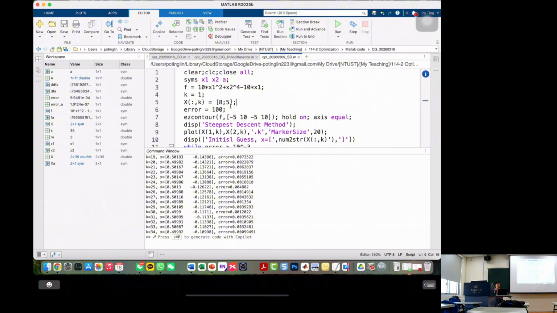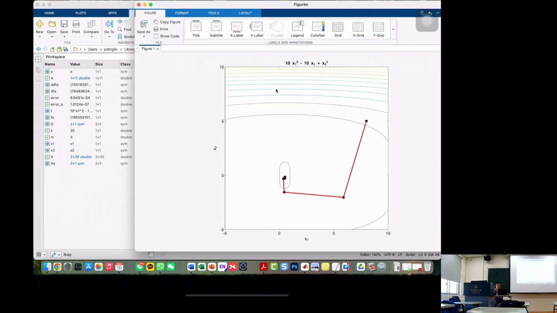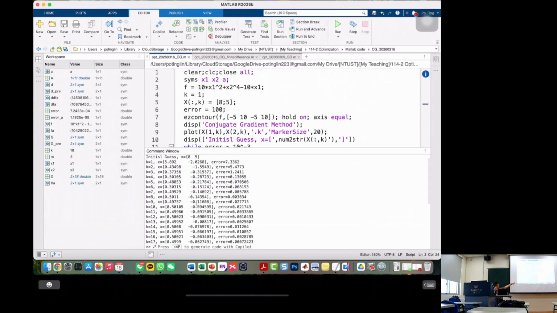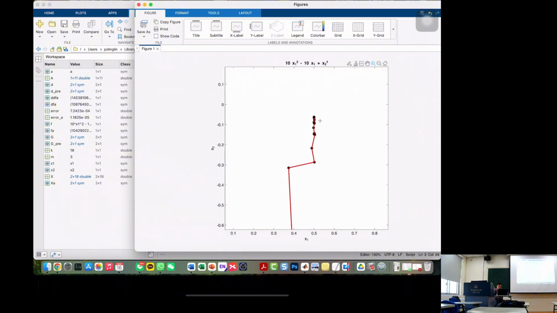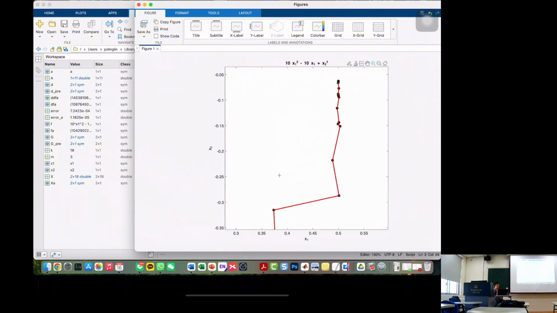And if we solve the same problem in conjugate gradient, let's see. 17 iterations. And let's zoom in and see what happened. So it doesn't follow 90-degree turns.